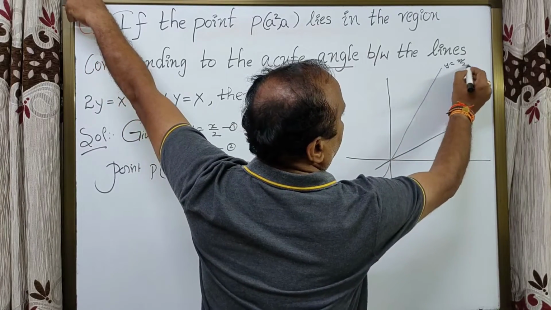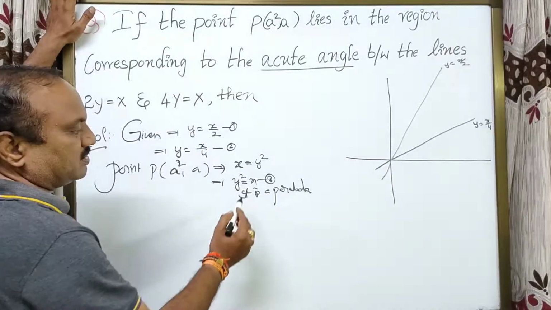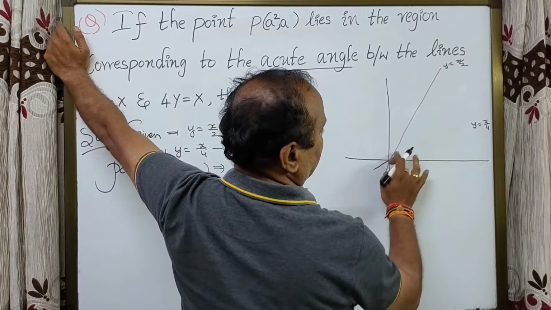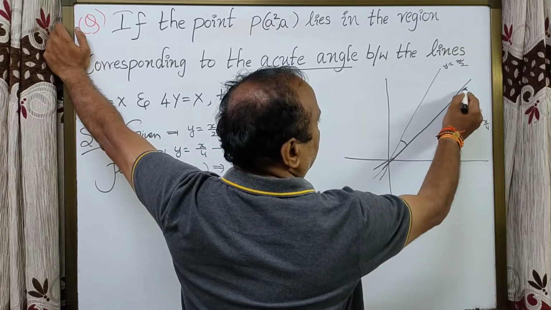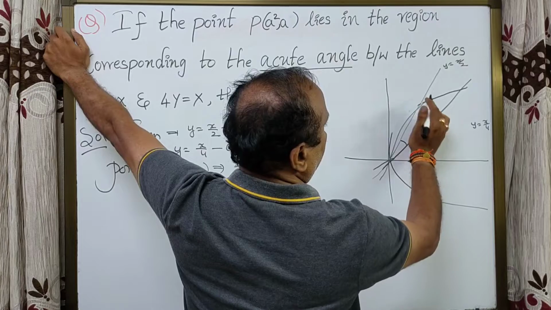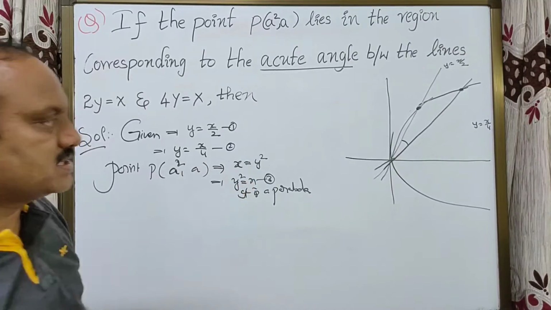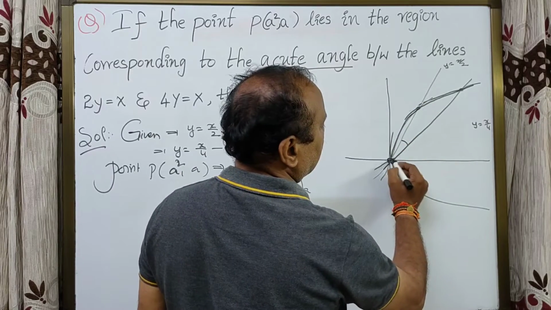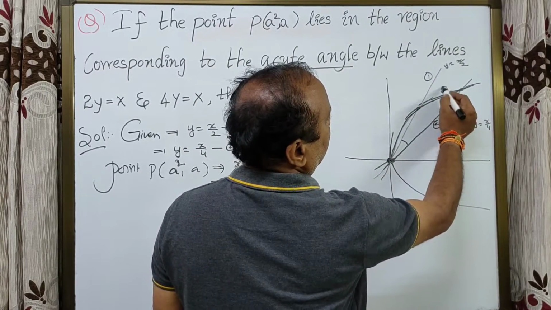A rough sketch of the graph y² equals x is like this, with vertex at the origin. It is line 1, line 2, and curve 3.